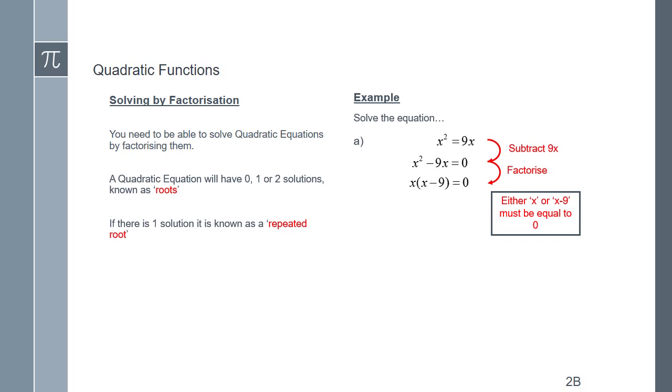So either x is equal to 0 or x minus 9 is equal to 0. So x must be 9. Those are the two solutions, 0 and 9.